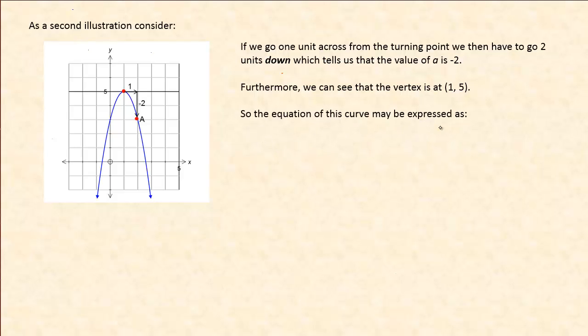So the equation of this curve may be expressed as y = -2(x - 1)² + 5, note how the sign has changed again with the x-coordinate. So x minus 1 all squared plus 5.